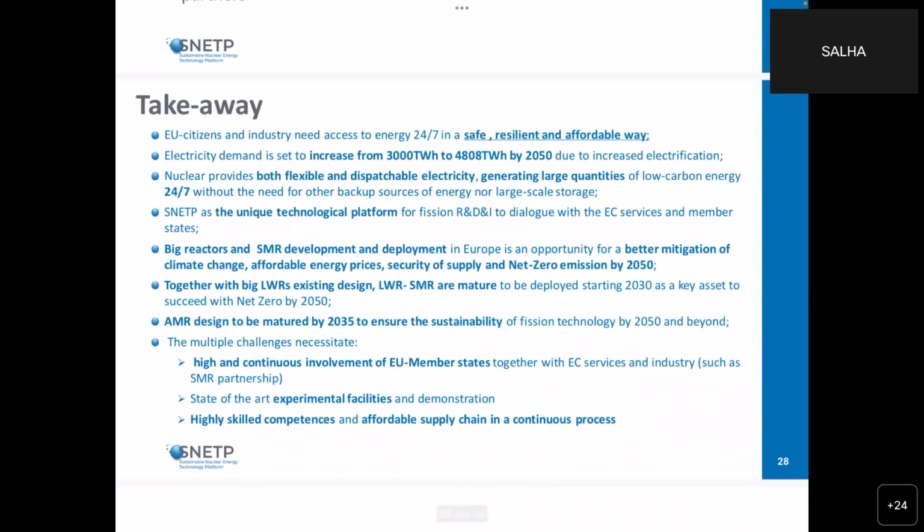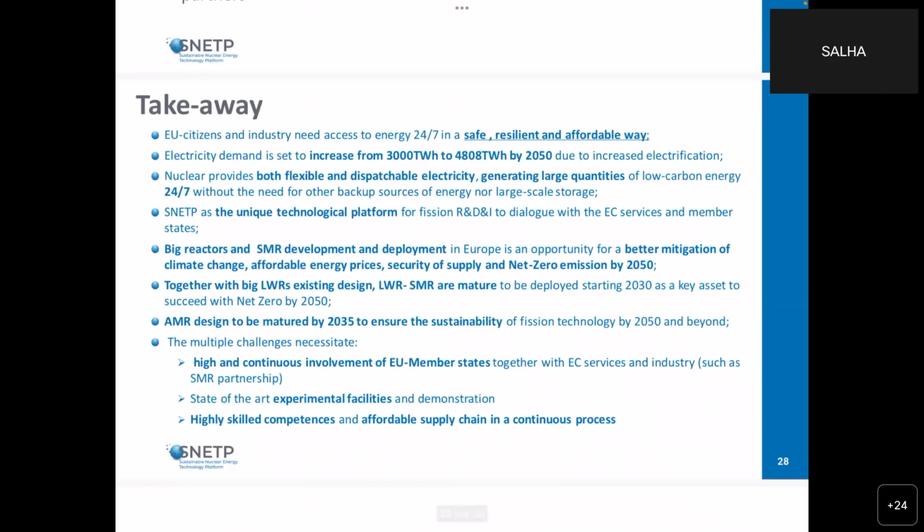And so you see the figures, a significant growth from around 3,000 terawatt-hours today to around 5,000 terawatt-hours by 2050. In that respect, nuclear could help. It's not the only source, and it will probably not be the most important source of electricity. Renewables are going to be the most important one.